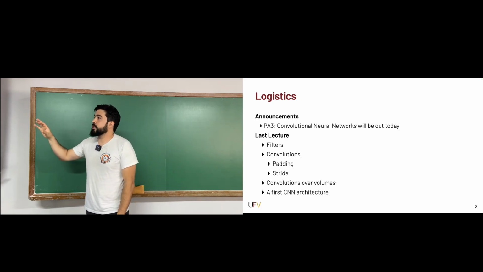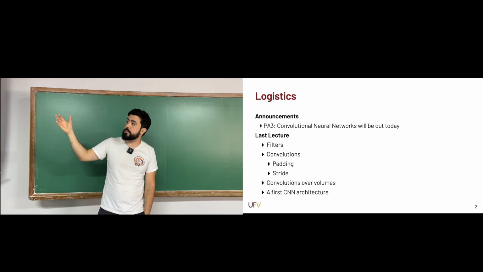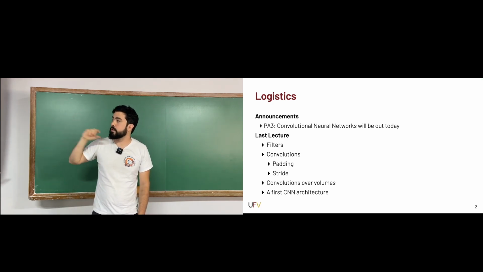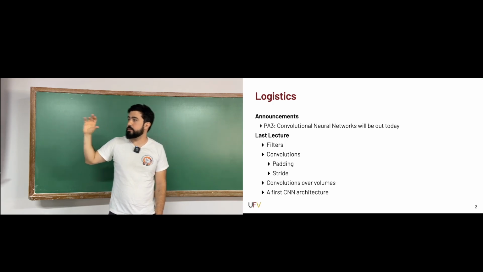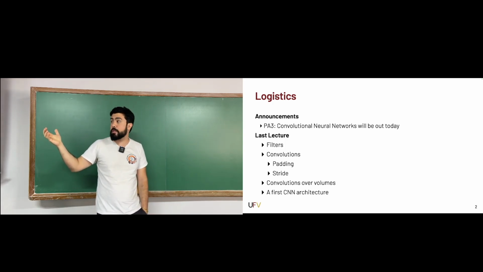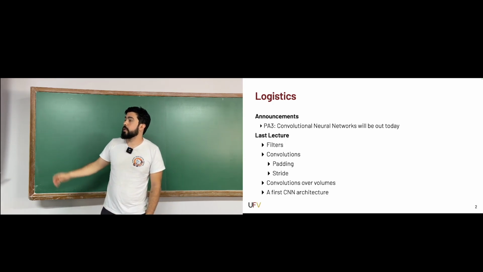Last time we were talking about convolutional neural networks. We started with the ideas of filters, and then we saw that we can use filters with convolutions, right? These convolutions have certain properties like padding and stride, or you can see them as hyperparameters that you can tune to get different outputs.